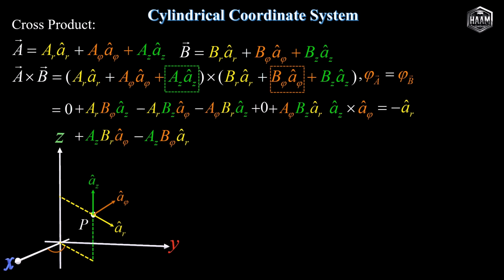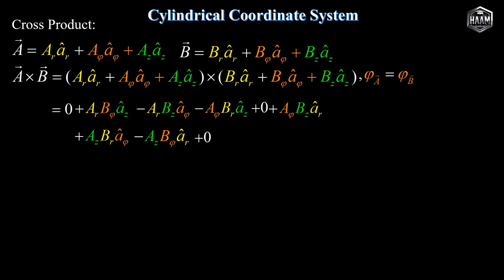Taking the ninth cross product term, the cross product of the unit vector with itself equals 0, thus all 9 cross product operations are performed. Now, we collect like directional components. There are two components along unit vector A hat sub R. Factoring out unit vector A hat sub R allows us to combine their scalar terms.